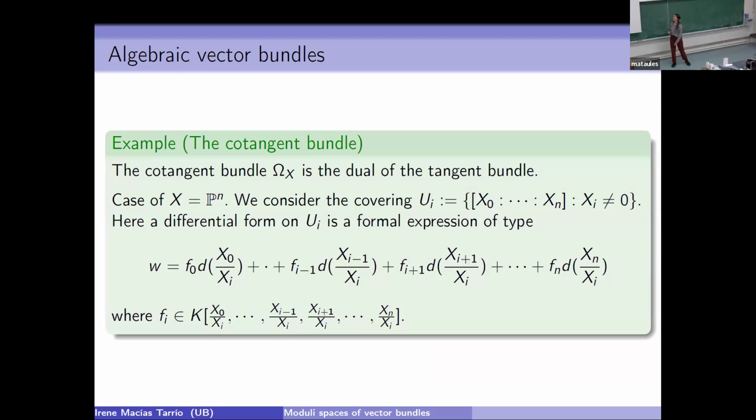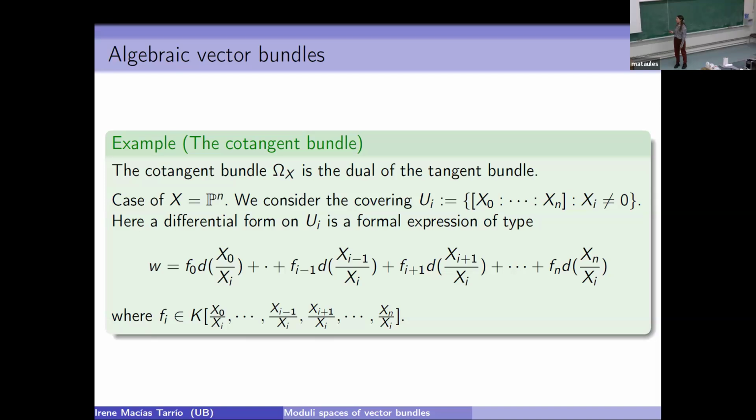Okay, so I will put two examples of how we define vector bundles in algebraic geometry, just for you to see how it will be. One example of a vector bundle is the cotangent bundle, which is the dual of the tangent bundle. For the case of the projective space, we consider this covering. We consider the points where one coordinate is non-zero.